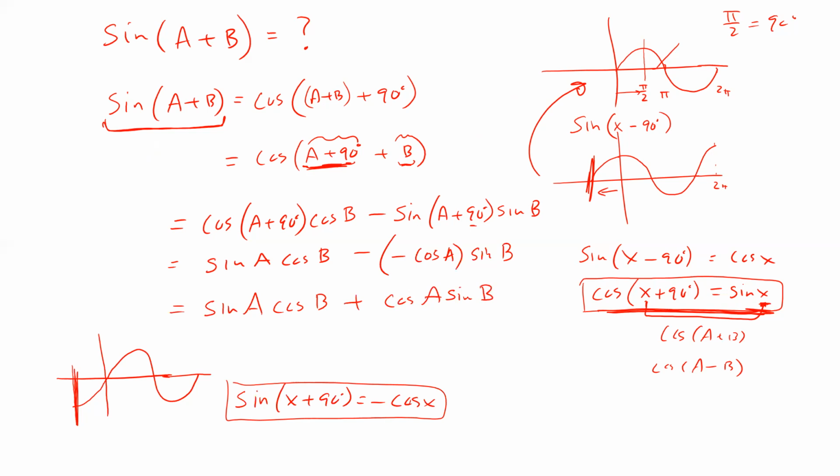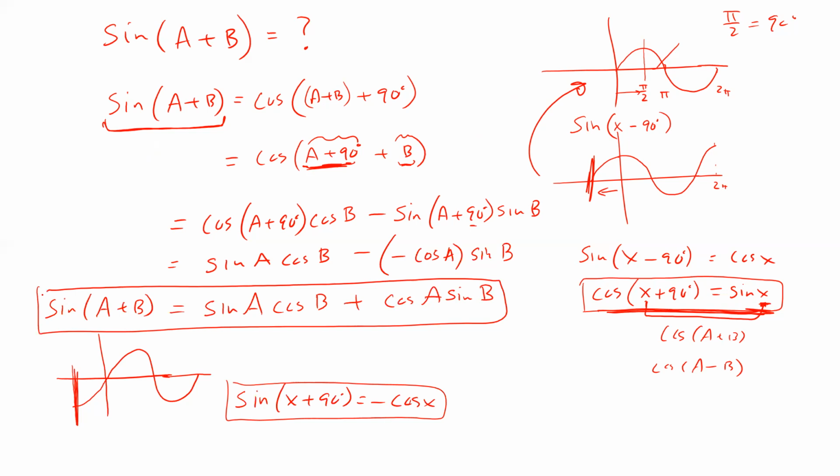We just developed a different formula. Now we just developed a formula for the addition of two sine values. That's awesome. Okay, that is pretty cool, the formula. We just developed it.